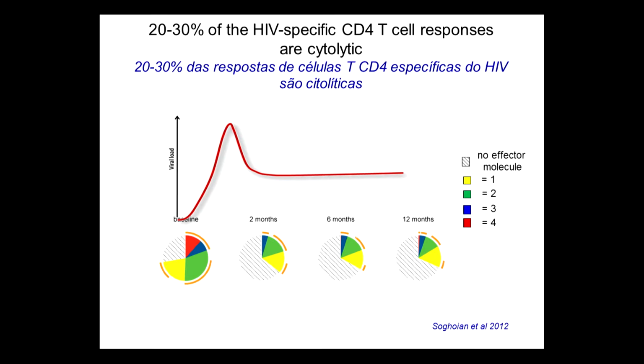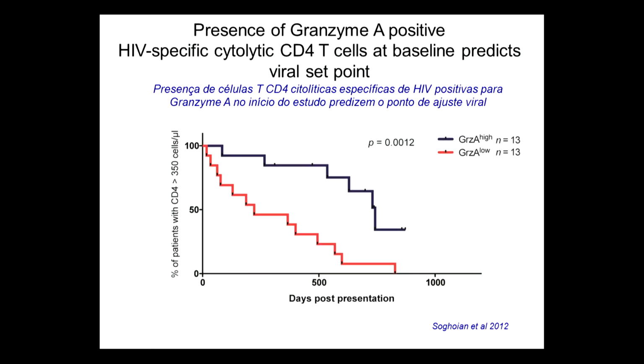And we found that the presence of CD4 T cells containing one of those effector molecules is associated with a better disease outcome. Those individuals that make strong cytolytic CD4 T cell responses in acute infection are associated with a slower progression to disease.